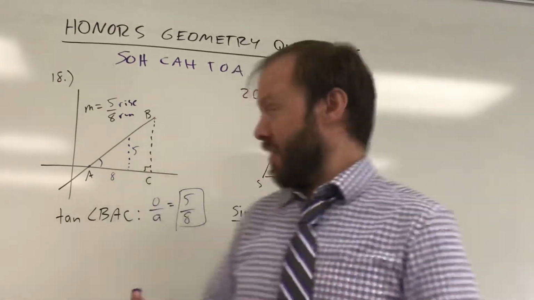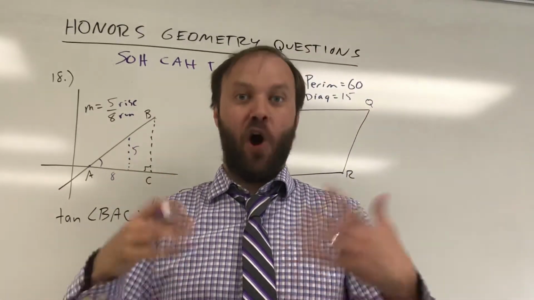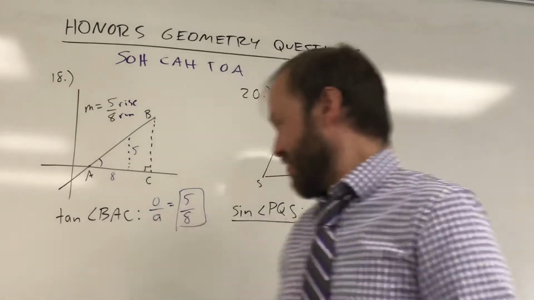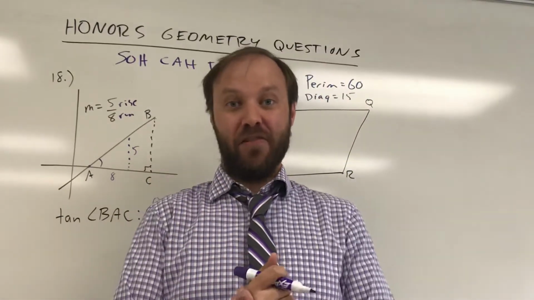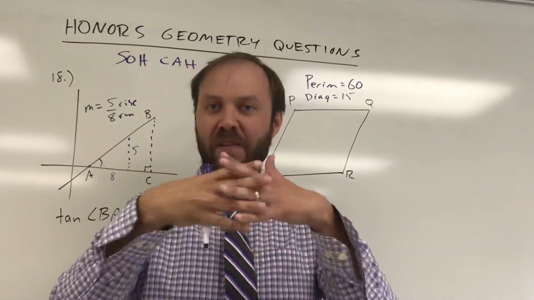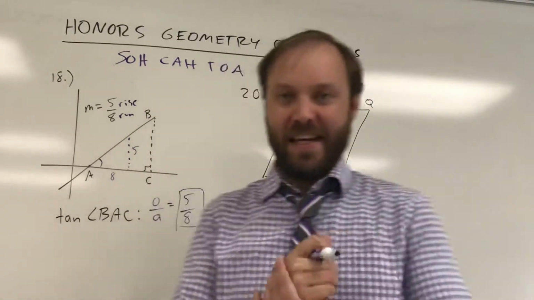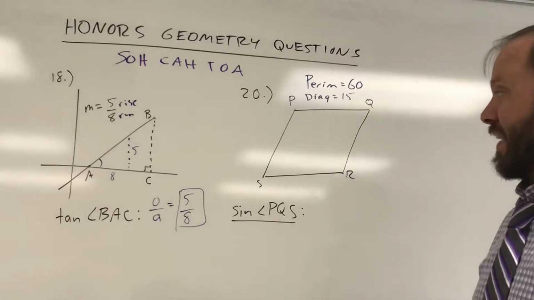And by the way, if you want to know this angle measure now, remember you can use inverse trig functions. It's called an arc tangent or an inverse tangent. You can take the inverse tangent of 5/8, use that second key on your calculator, and you could actually figure out what the angle measure there is as well. So pretty neat, a little bit of a connection between graphing and right triangles and trig and angle measures.